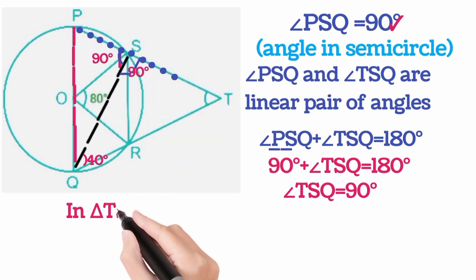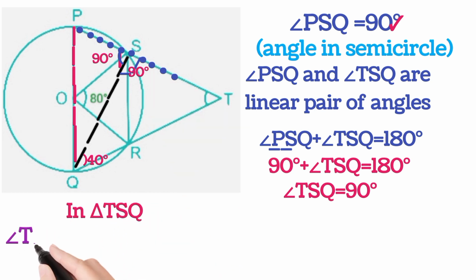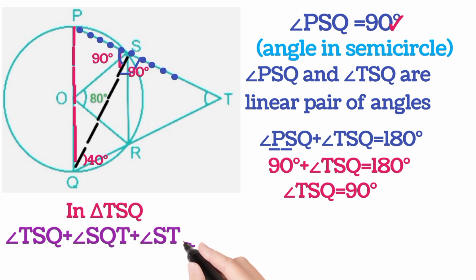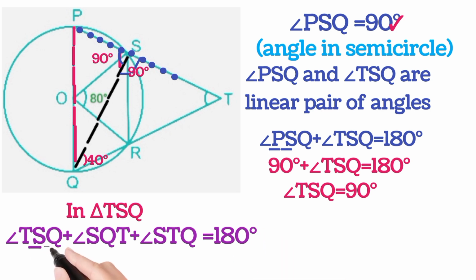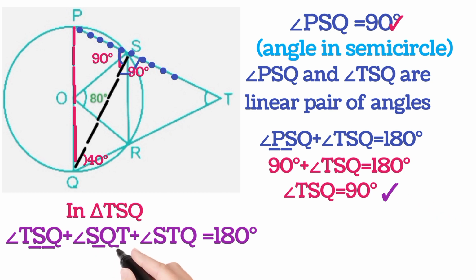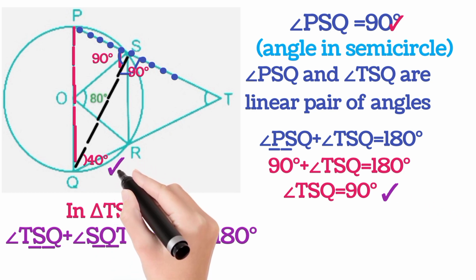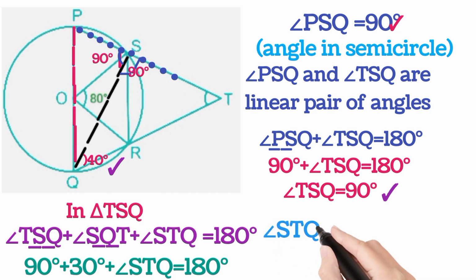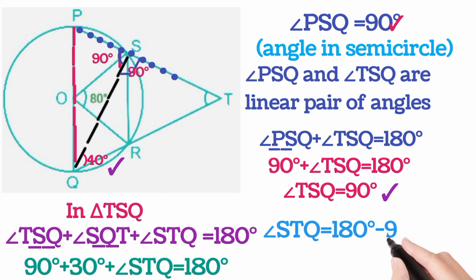Now we will take triangle TSQ. In this, angle TSQ plus angle SQT plus angle STQ is equal to 180 degrees by the angle sum property. TSQ is 90 degrees and SQT is 40 degrees. So on substituting the values we get 90 plus 40 plus angle STQ is equal to 180 degrees, which gives angle STQ is equal to 180 minus 90 minus 40.